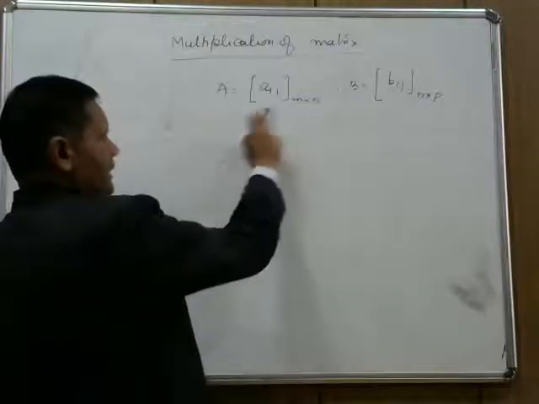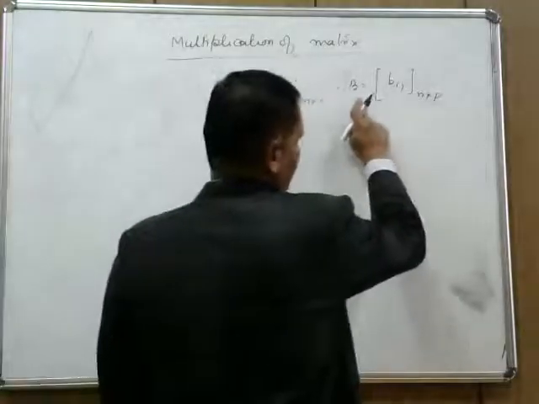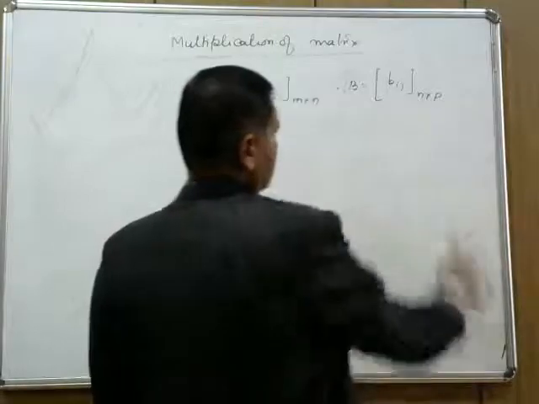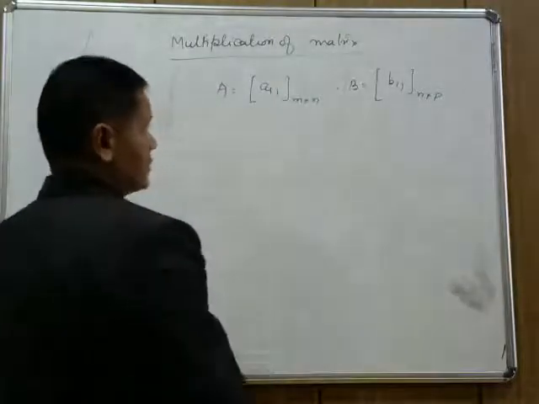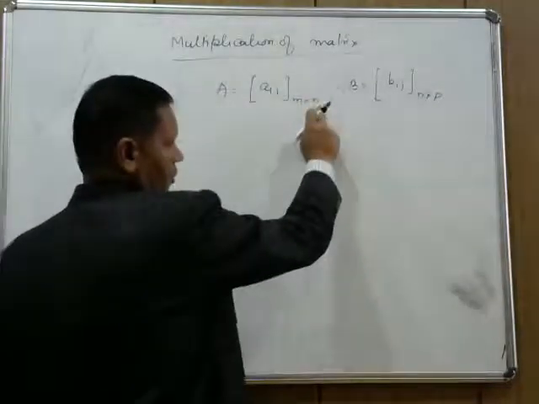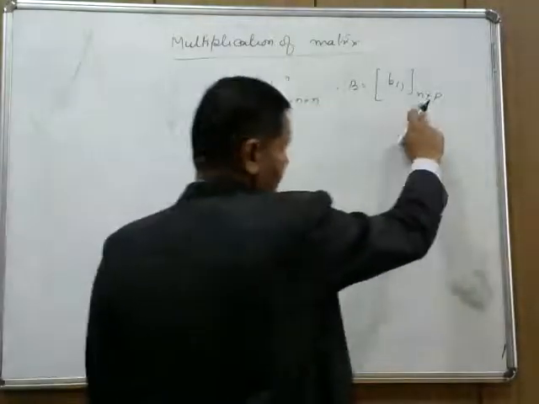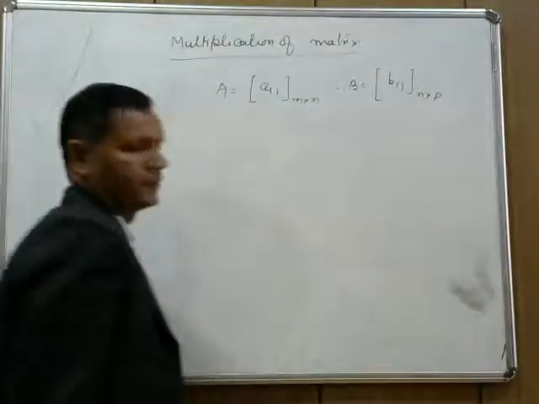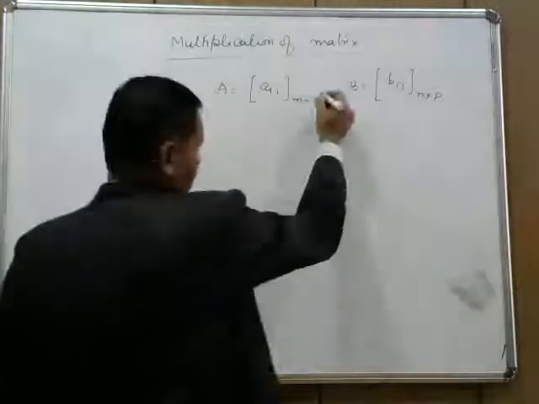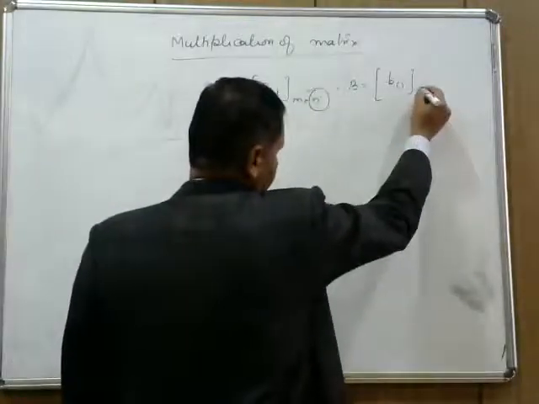The order of A is m by n, the order of B is n by p. That means here the number of rows is m, the number of columns n. Here the number of rows n, the number of columns p. Very, very important, here n and here n.